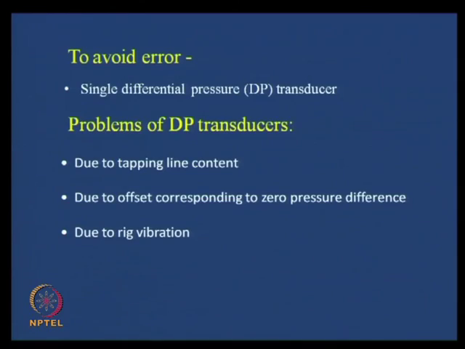The range corresponding to zero pressure difference has to be at least that offset, and if the pressure we want to measure is lower than the offset, then we can have a problem. So it has to be selected with a range which is at least equal to the offset value. If it is less than that, then we have a problem.